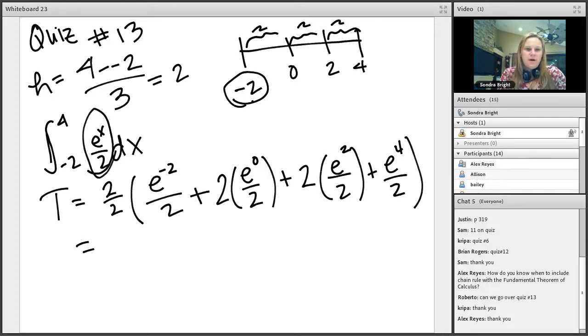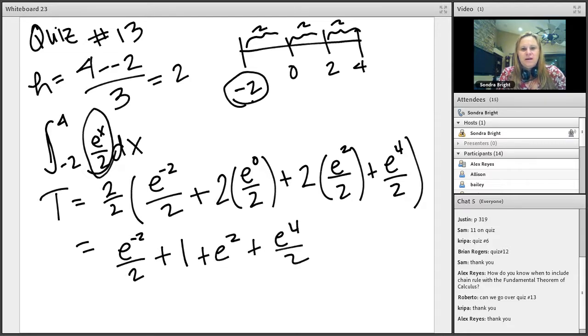I would have written my answer as e to the negative 2 over 2 plus a 1 plus an e squared plus an e to the 4th over 2. That's how I would have written it, but this is a multiple choice question, so I looked and none of my answers were there.